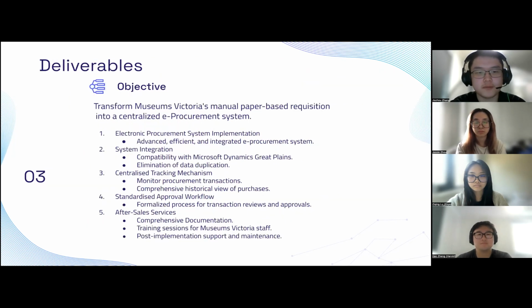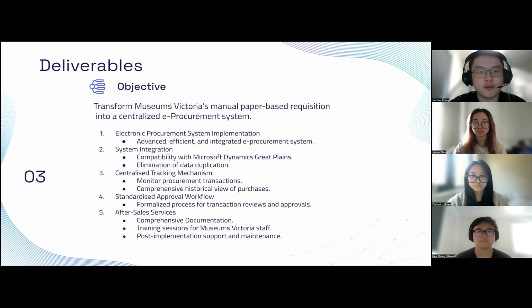Next, please. This part is about our deliverables. Our primary objective is clear. We aim to transform the traditional manual paper-based requisition system that Museums Victoria currently uses into a centralized, efficient e-procurement system.